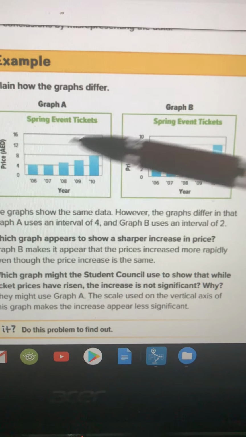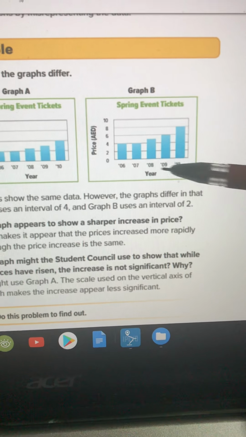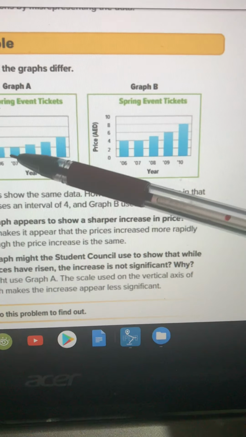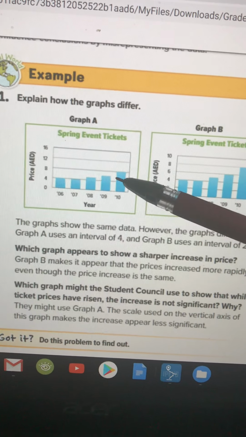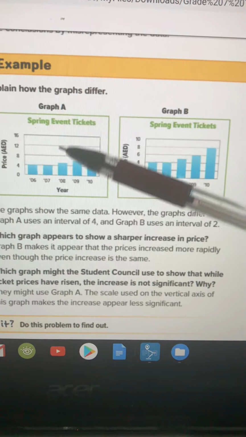That is the reason why. This shows a true picture as compared to this one. This one, people might think you're making more money, yet it's the same amount of money on both. See, here you stopped at 8, and also here you stopped at 8. So this is a much better graph compared to this one.